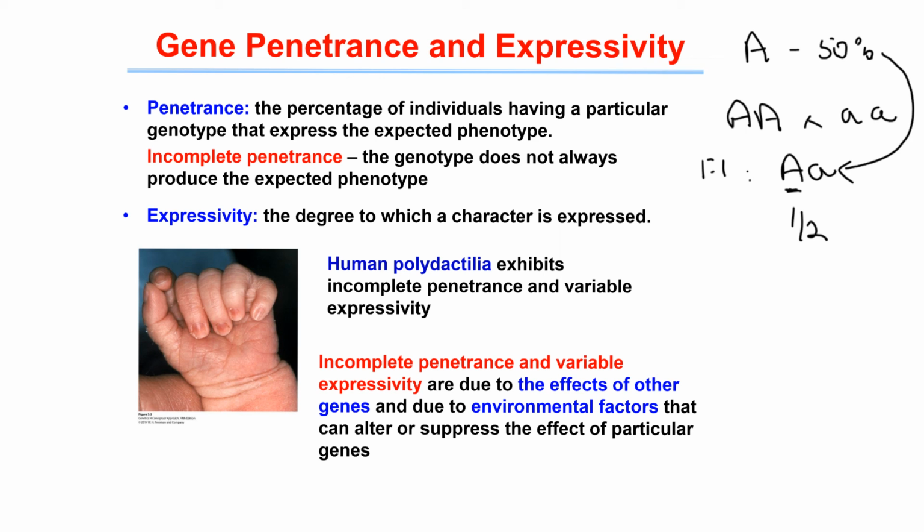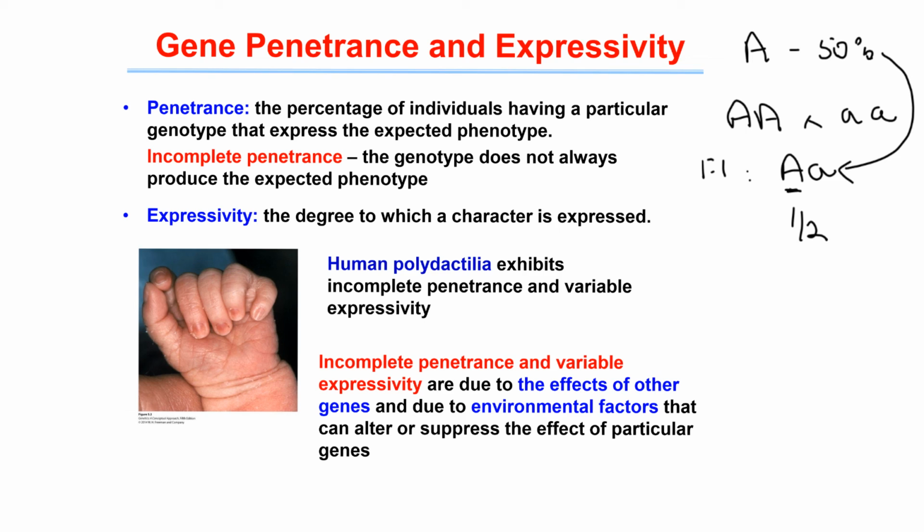An individual who has the genotype for polydactyly can either express a full functional finger, which is full expressivity, or only manifest a partial finger, or only a skin extension. So it can be expressed to different levels, so there is variable expressivity.